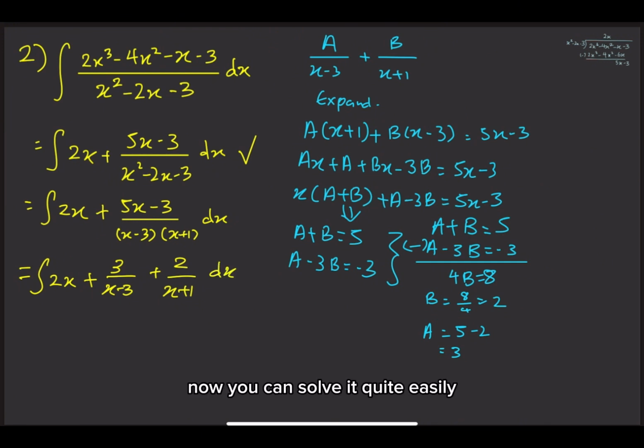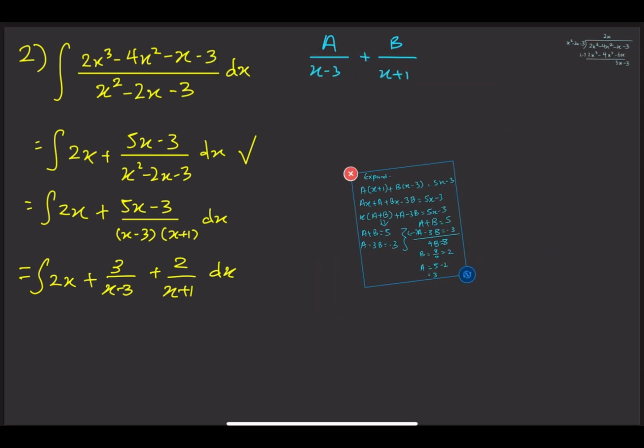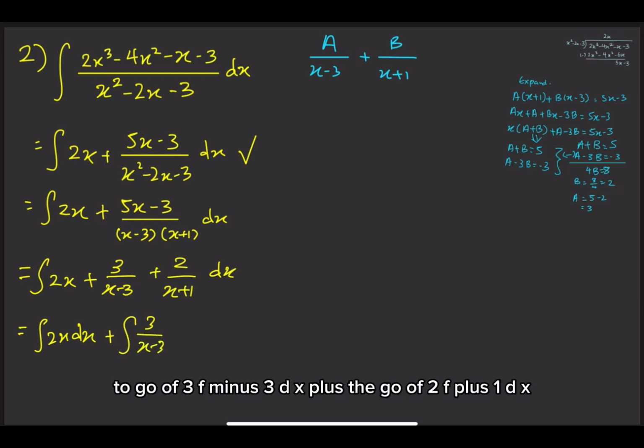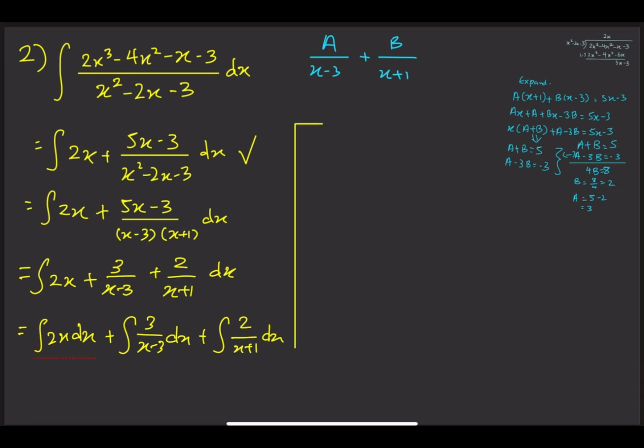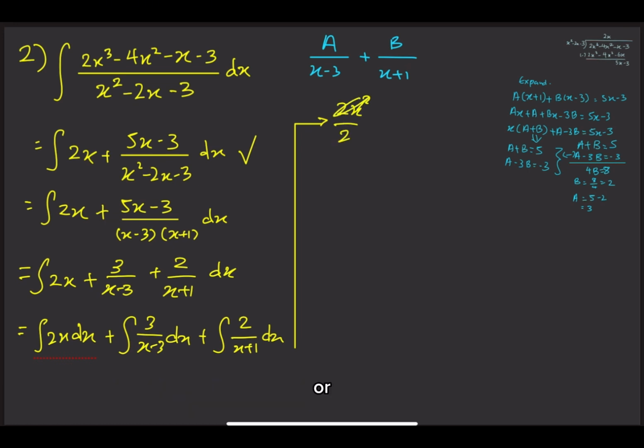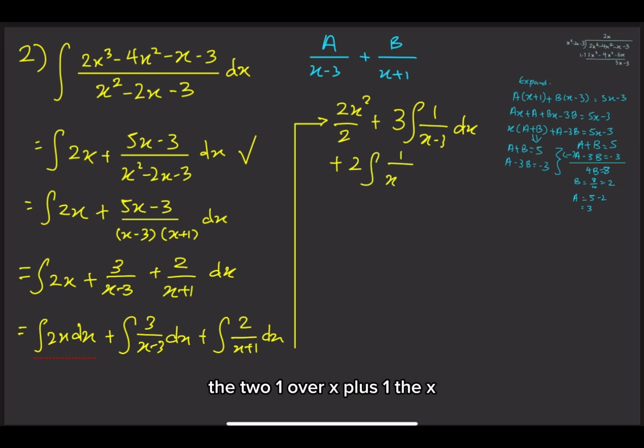Now you can solve it quite easily. Let's separate it first: the integral of 2x dx plus the integral of 3 over x minus 3 dx plus the integral of 2 over x plus 1 dx.